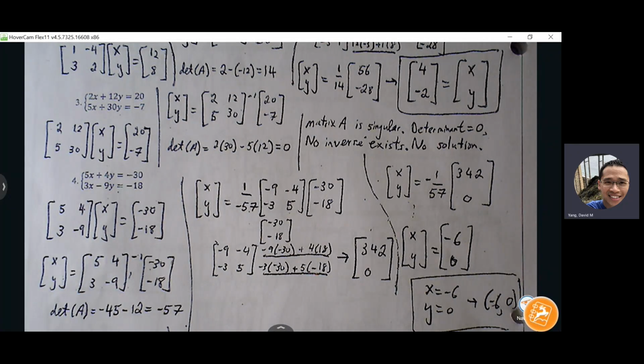Right now I'm just gonna say if you get a determinant of 0, just say no solutions. I can look into how we can tell if there's infinitely many solutions, but for now, let's just say no solutions. Number 3, you'll go through your process halfway and then realize that when you find the determinant of your coefficient matrix, it's gonna end up being 0, so we just stop the problem and say determinant is 0, no inverse exists, so no solution.